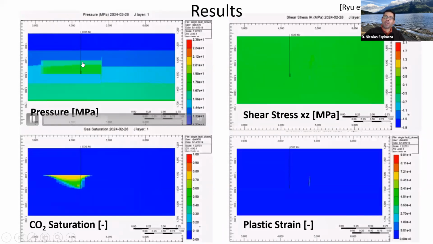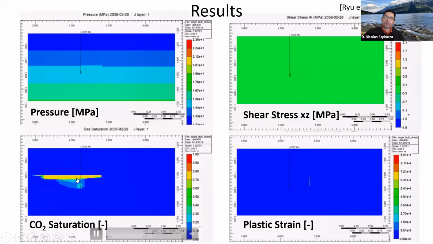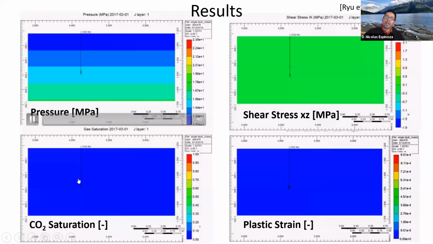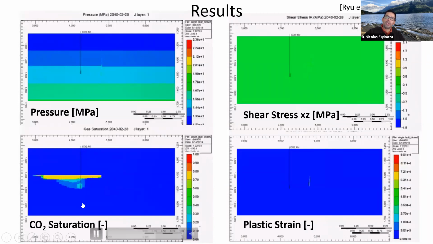The pressure front advances much more quickly than the fluid injection front. And after we stop injecting, the pressure is relieved, and then the CO2 goes up.